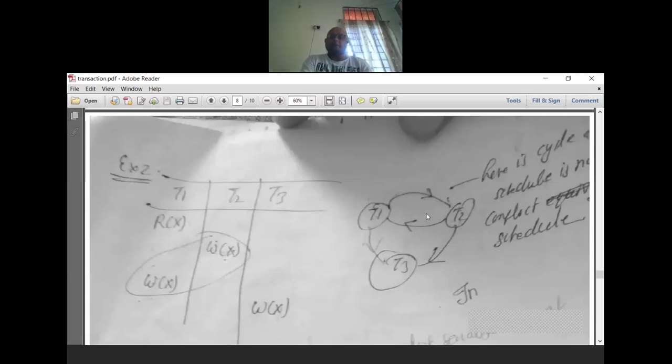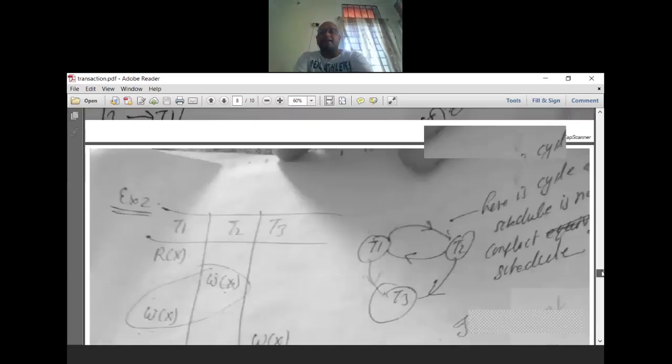But if there is no cycle in this figure, then I already explained how to check that one. Suppose this arrow was not there, then I will check the maximum outgoing node from the transaction. If maximum outgoing is from that transaction, I will take that first, and the rest of the links I will cut down, in the same pattern as in the previous example.